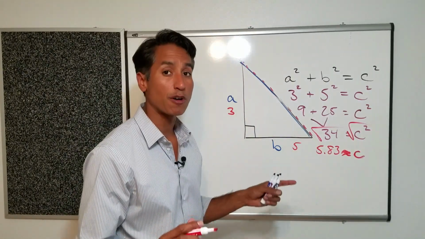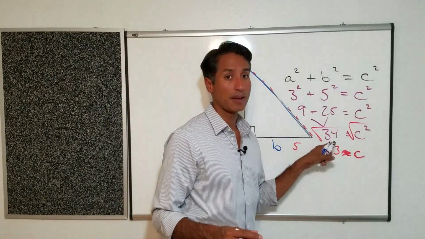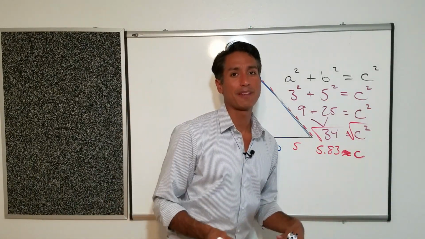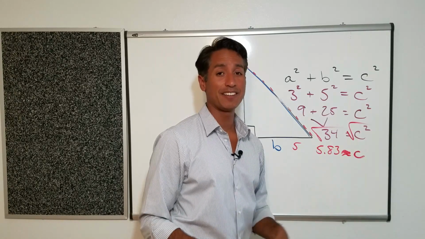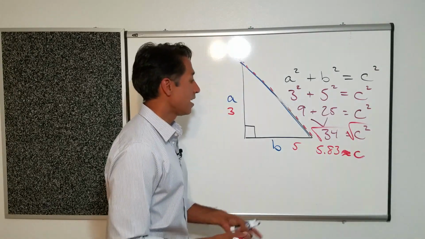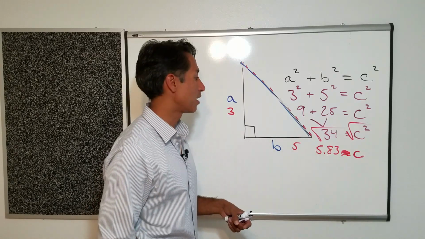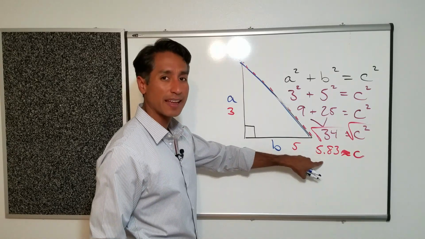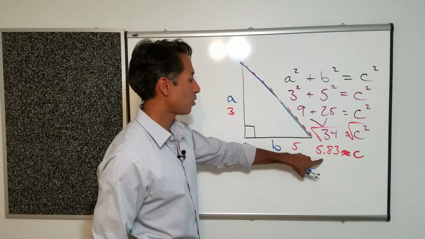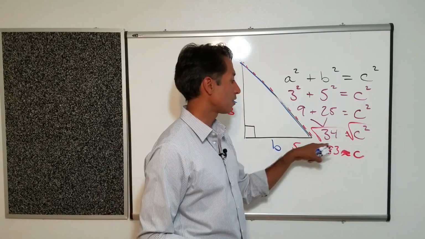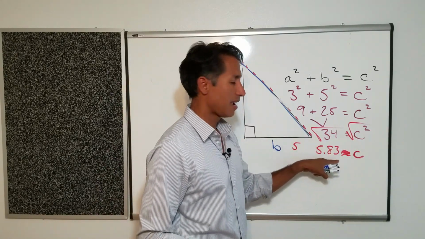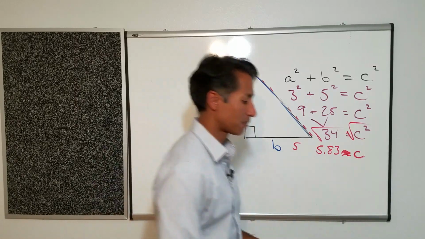Sometimes you'll get them where they're perfect squares, where this value will work out perfectly and become a 16 or a 19 or a 45, something like that. And then there'll be other times when you'll get this, and that's really as far as you can go. You do want an actual length or a distance, and so that's why I would recommend using a calculator from here, just so that you can get an approximate value.